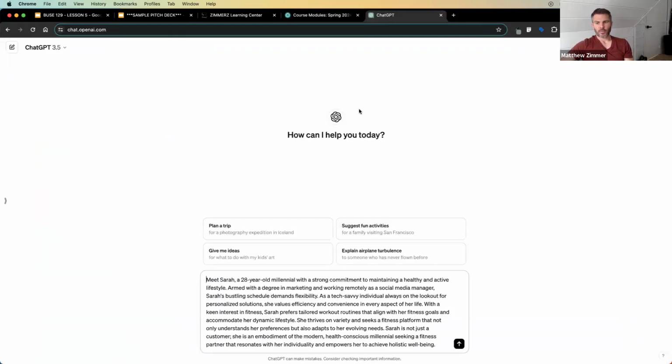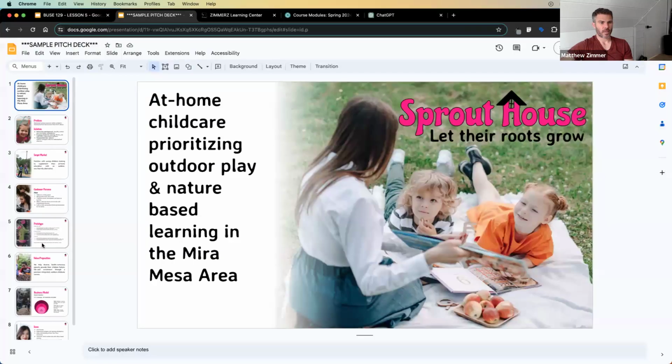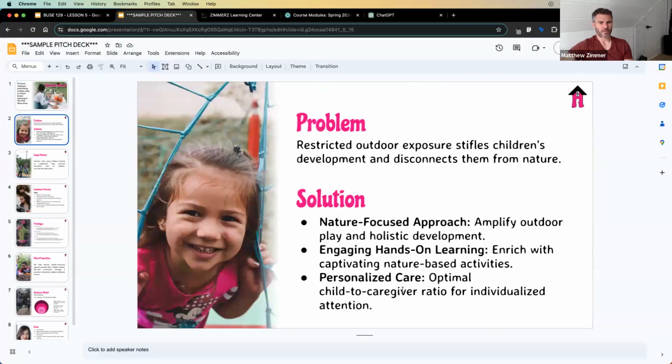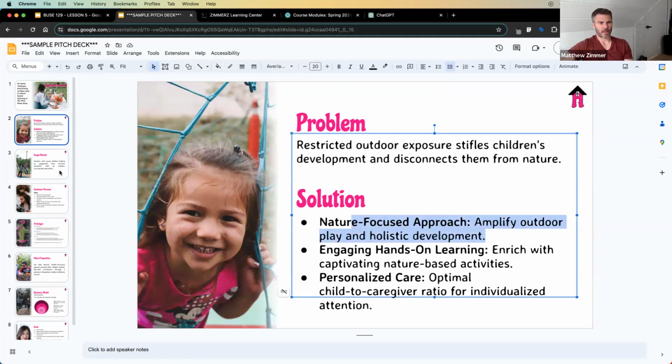So I want to talk briefly about a common issue, or something that can be improved on quite a few people's slides. This may be related to some of the information on my slides as well. If we look through this slide deck, you'll notice that I have a lot of bullet points.